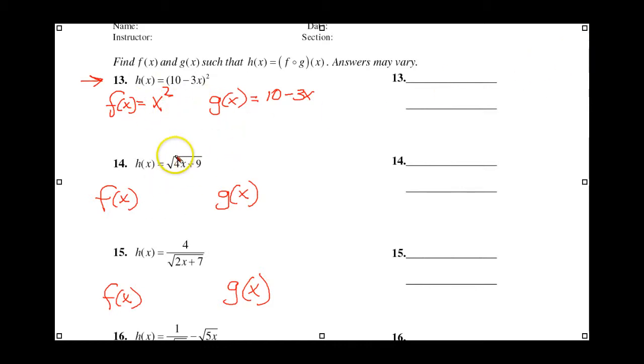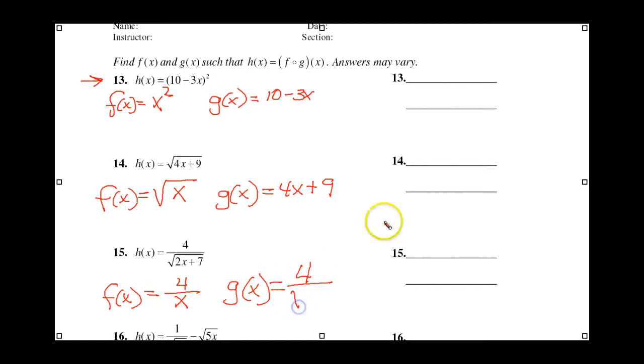Now, for this one, again, they take a little bit of study, but following this pattern, once you sort of catch on, this is going to be 4 over x, and this is going to be just the denominator here.